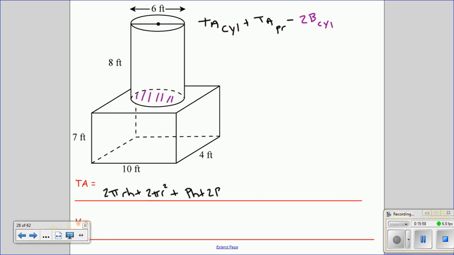And then I need to subtract the 2 bases of my cylinder. So a cylinder base is a circle, so that's pi radius squared. So 2 times pi radius squared.